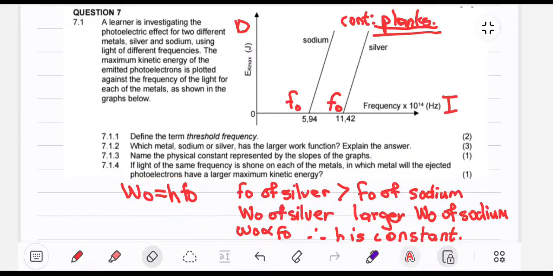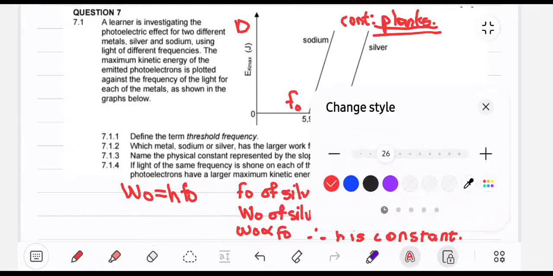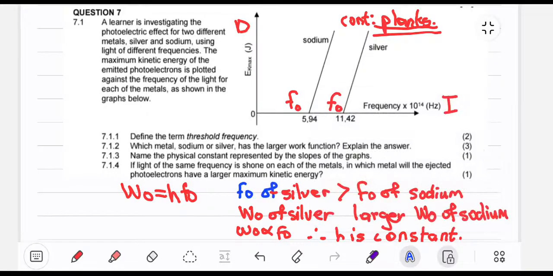So what is key for this? The first one, the difference between the threshold of silver and the threshold of sodium. The work function being larger, because the first thing you would say is which one is larger? Silver. You write silver, then you give your reason.